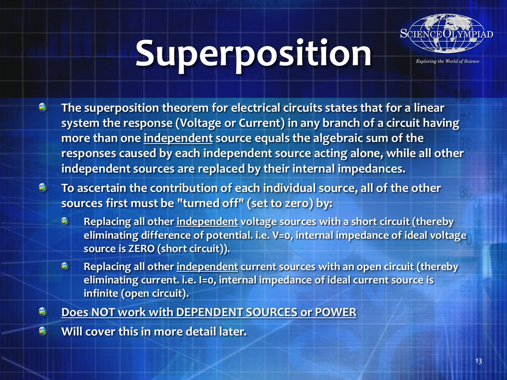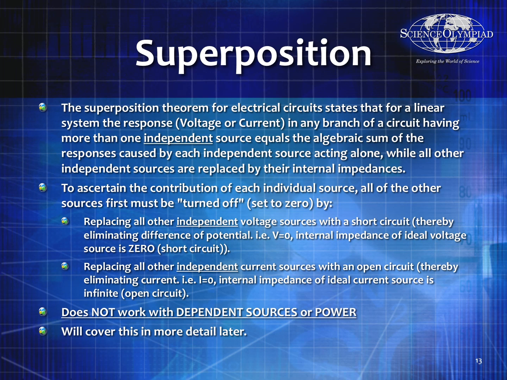Now, this will not work with dependent sources, and it does not work for power, because with power, you remember V squared and I squared being part of our equations. So that's why you can't add them together.